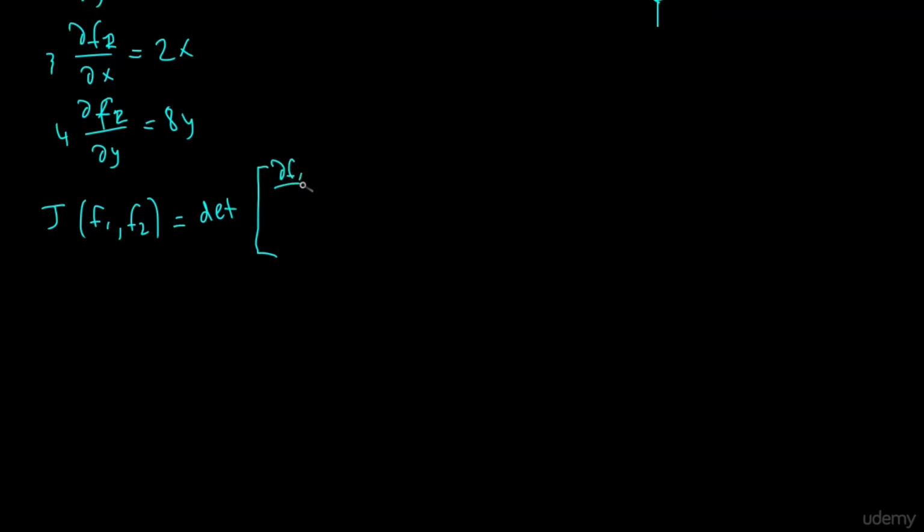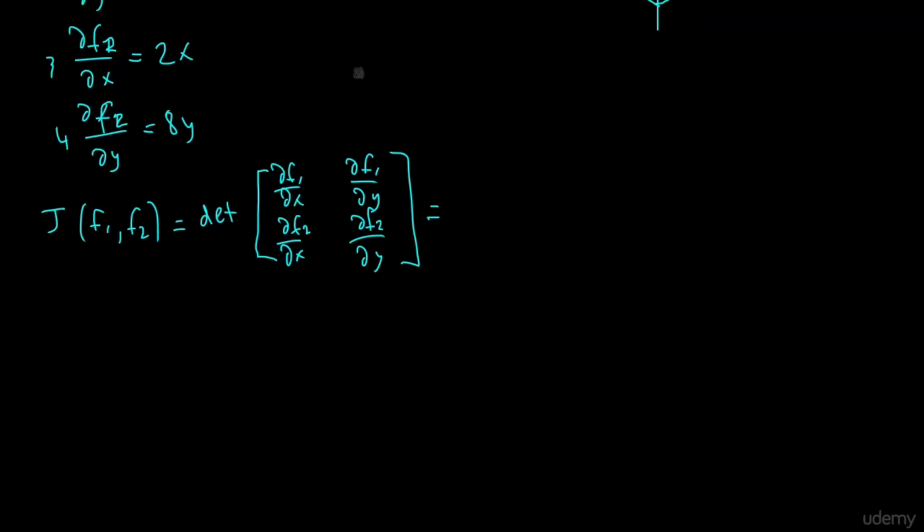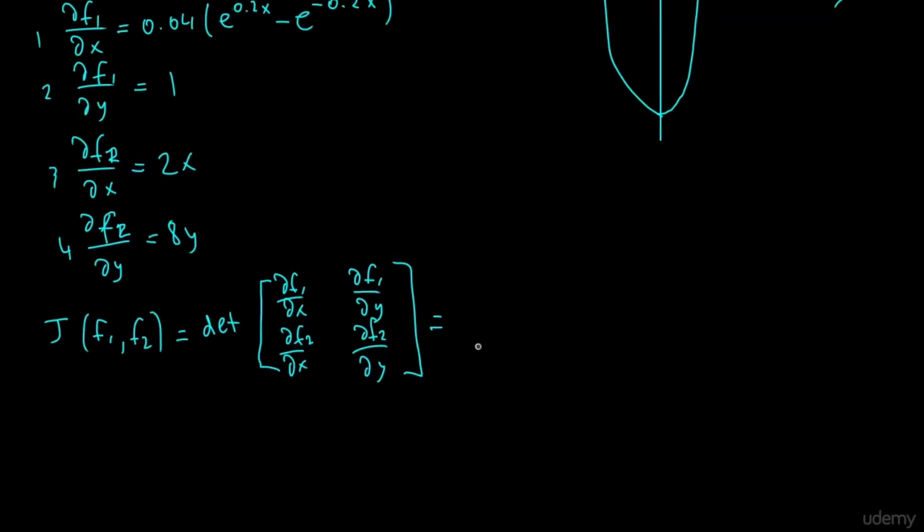So that's df1 by dx, df1 by dy, df2 by dx, and df2 by dy, like so. We can now plug in those values because we've calculated all 4 of them.